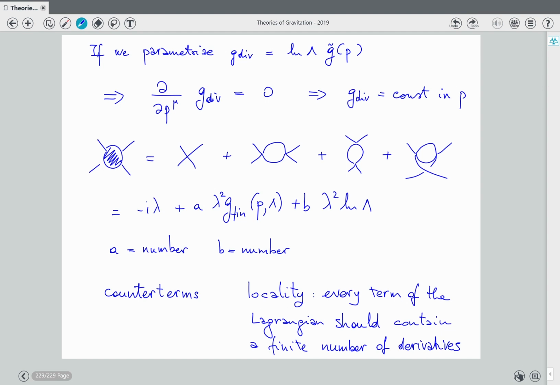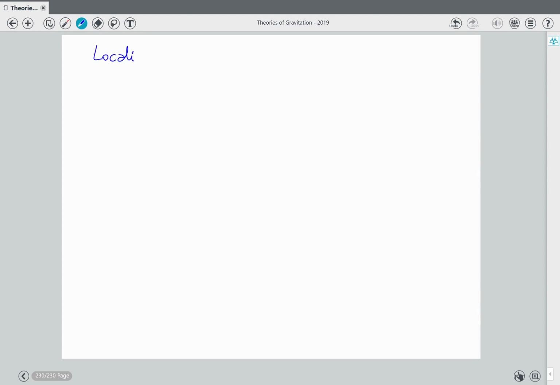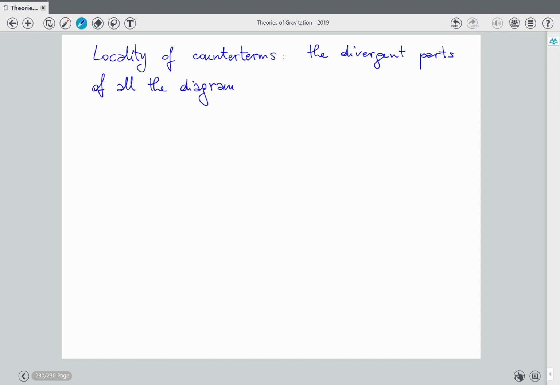Then, if this property holds, you have the locality of counterterms, which is a theorem. The divergent parts of all diagrams are local, with a caveat on how to isolate them, but anyway, are local.